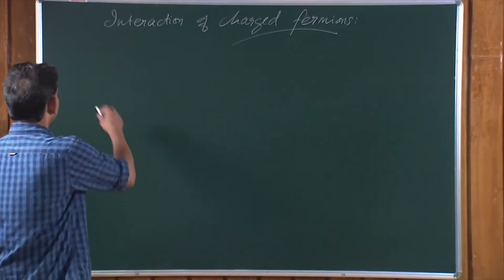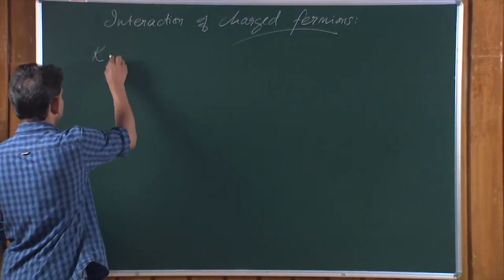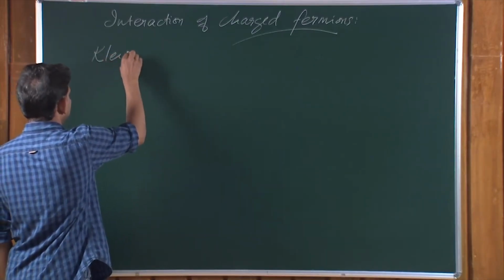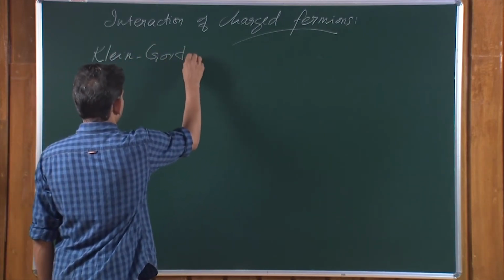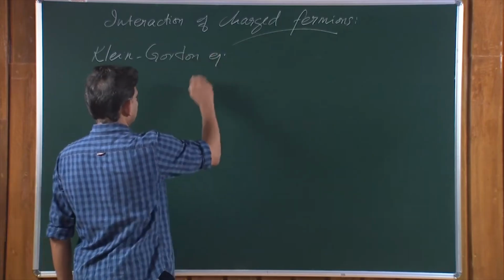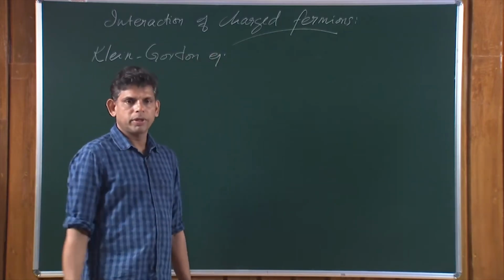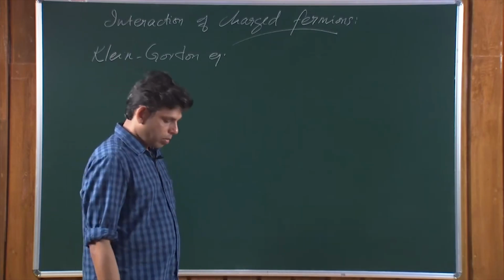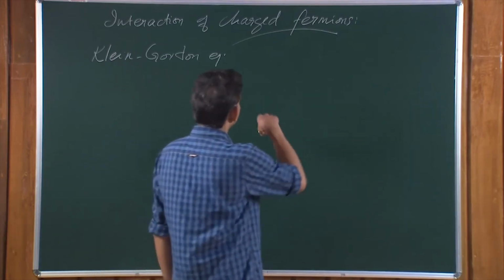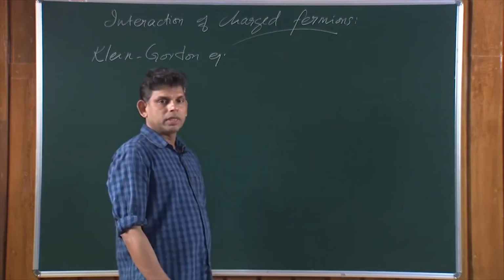And what we found is the Klein-Gordon equation as one of the suitable equations to describe the dynamics of particles, including their relativistic kinematics.